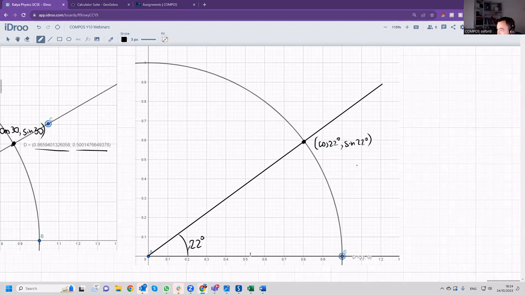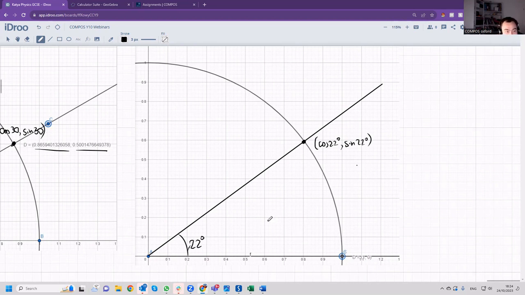Are there any instances where the radius of the circle would not be 1? That's a good question. You could always make it 1. This only works for a circle of radius 1, of course. So any angle, when a circle of radius 1 is drawn around it, will have a cosine of x and a sine of y.